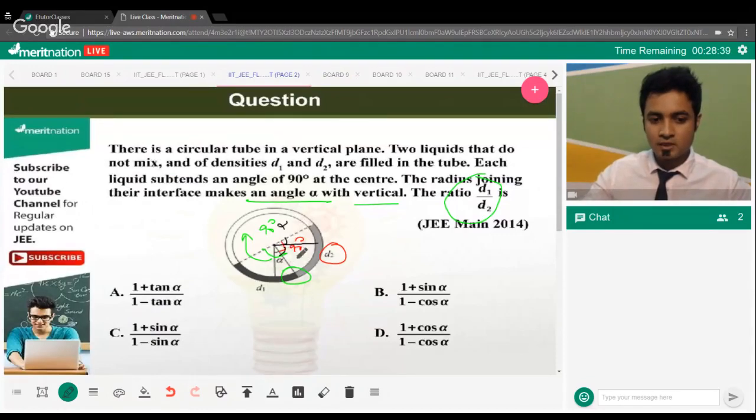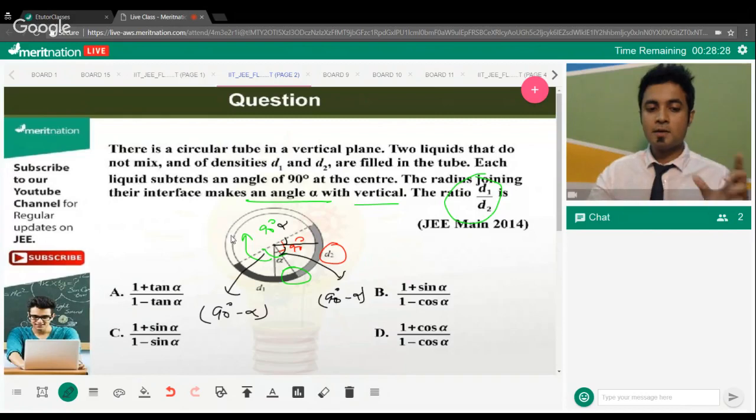And this one is 90 minus alpha, right? This is alpha, then it is also 90 minus alpha. And the main logical part here is, I have to balance the pressure, that's all.